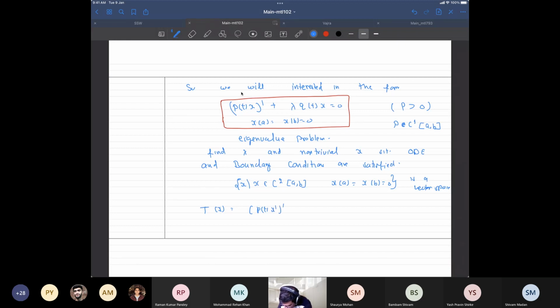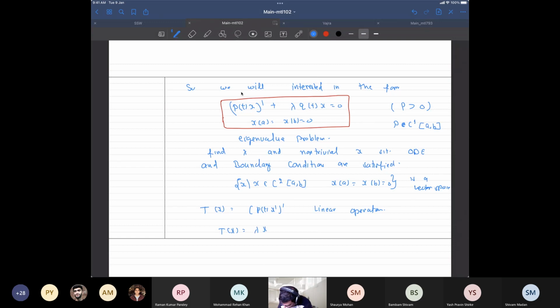So this is a linear transformation, a linear operator. Okay, and now you want to find what are the eigenvalues of this operator. So what you do, you write T of x is equal to lambda x.